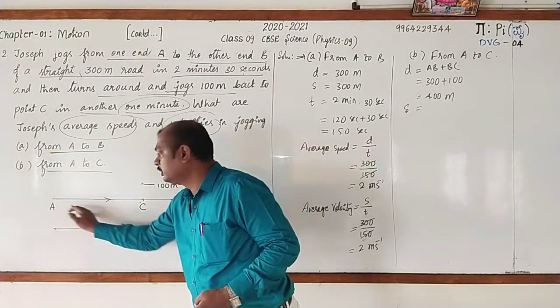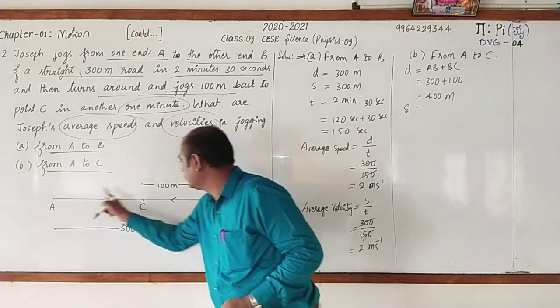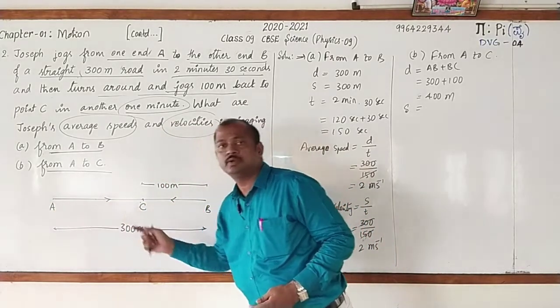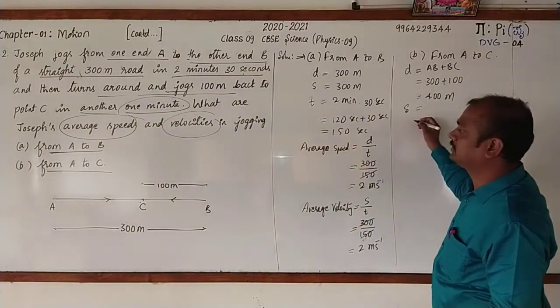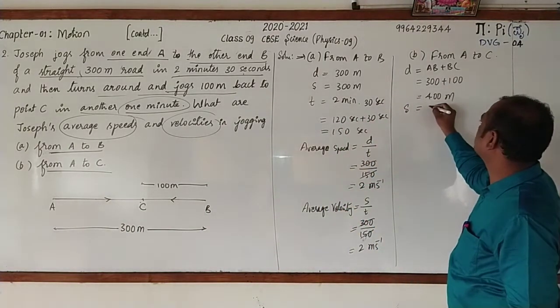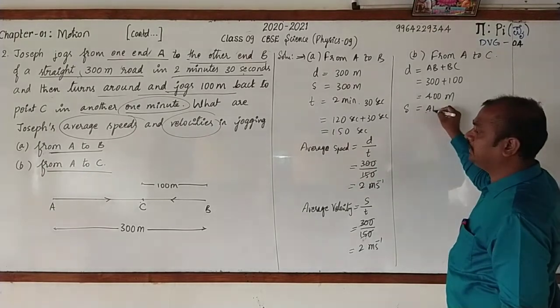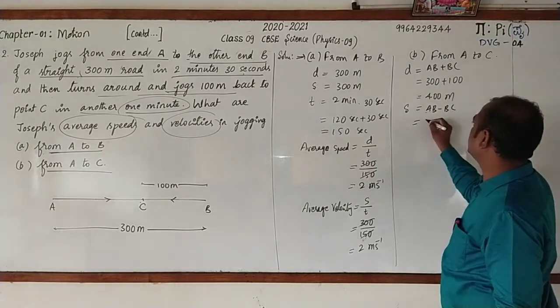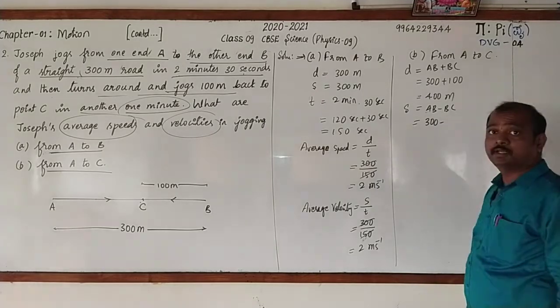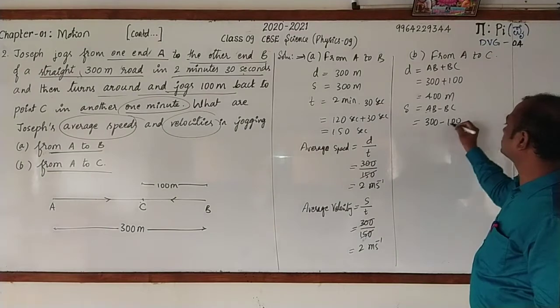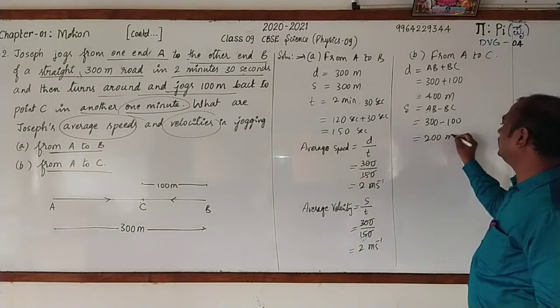It will be 200, because A to B 300 minus 100, it will be 200. Here I'll write S is AC. AC is nothing but AB minus BC. It is 300 minus 100, equal to 200 meter.